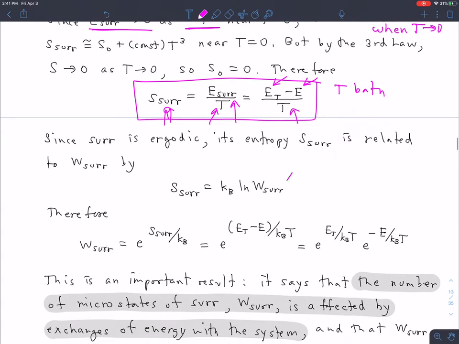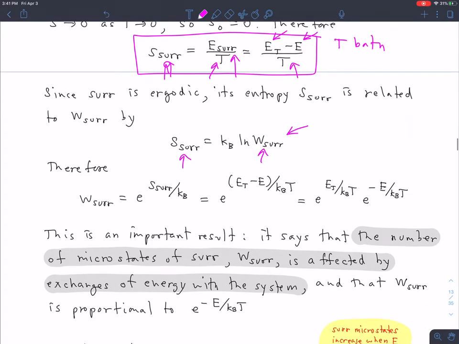All right, we now have that the entropy of the surroundings is equal to k_B log W. If we solve for W like I did earlier up above, we get that W_sur is e to the S_sur over k_B.